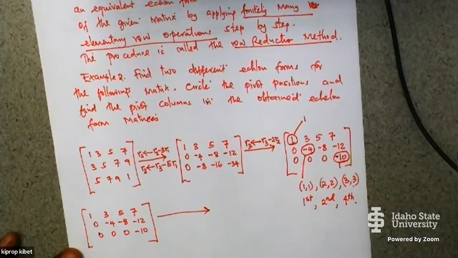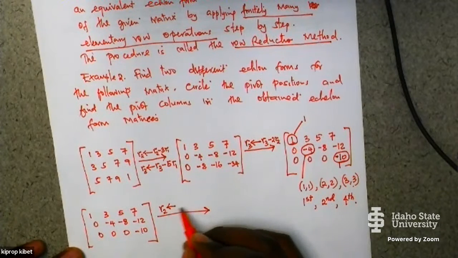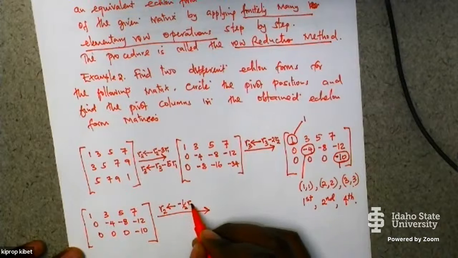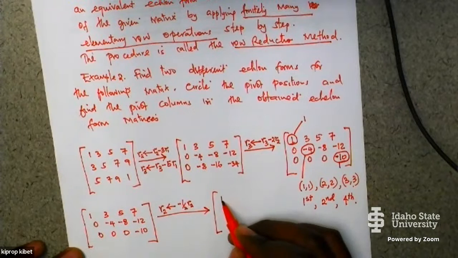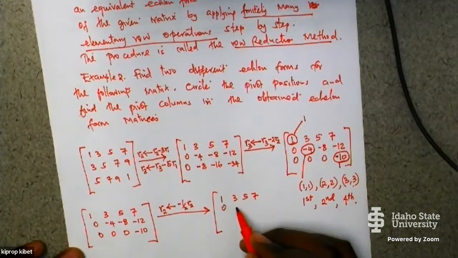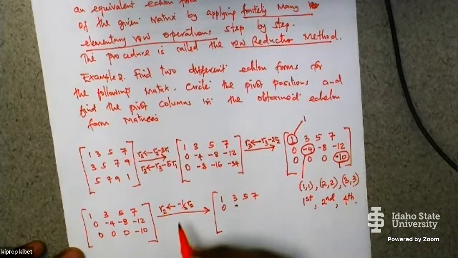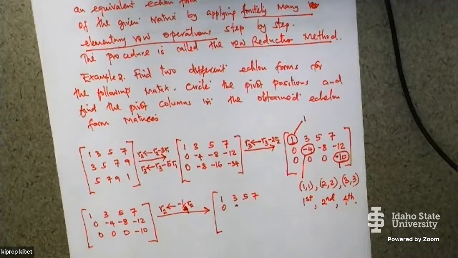So what can we do? We can still get the new R2 by multiplying by -1/2 R2. Whereby we now have 1, 3, 5, 7, and then 0, and the next entries scaled by -1/4.